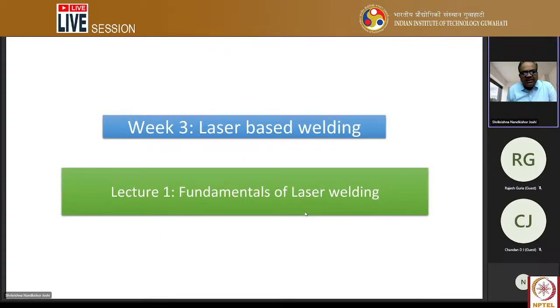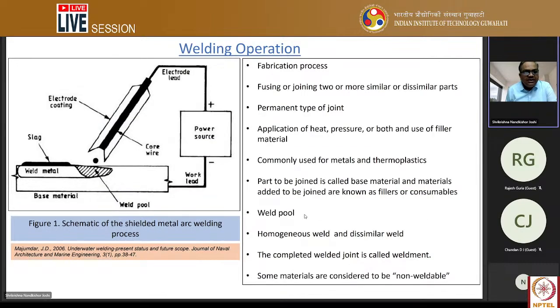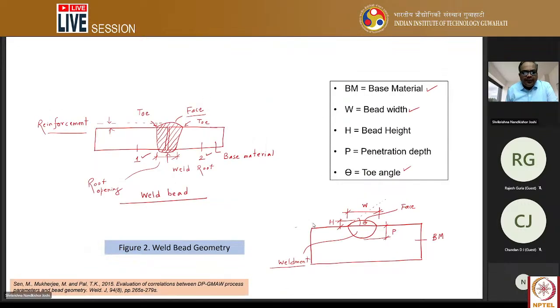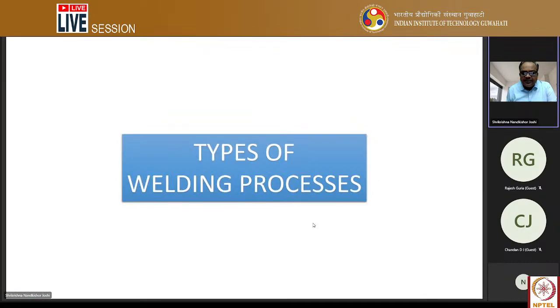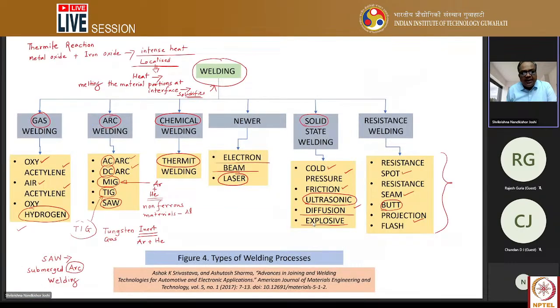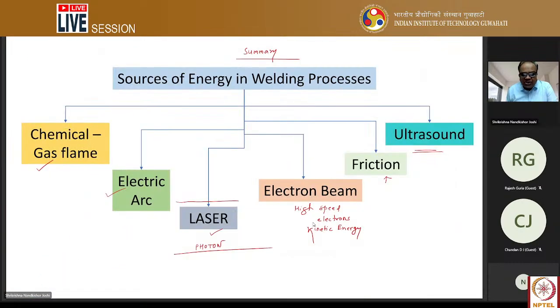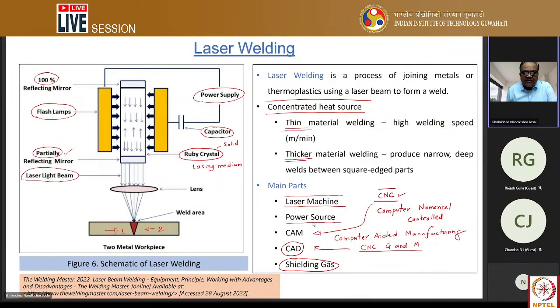Then we started the third week with the application of lasers for welding operations. So we have seen what is the meaning of welding. It is a joining operation, a permanent joining operation. Various terminologies associated with welding, various types, welding classification, then sources of energy, and laser welding.